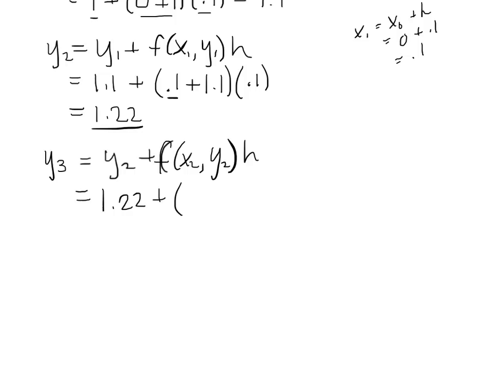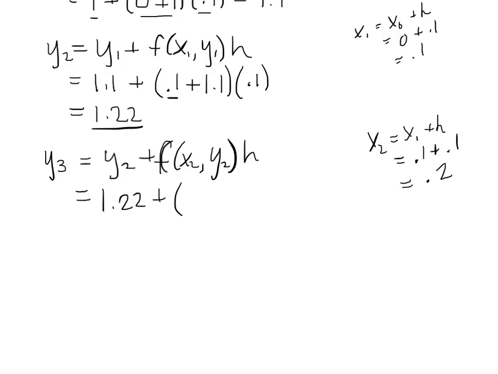Well, to find x2, I know that this is going to be equal to x sub 1 plus h, and x sub 1 was 0.1 plus my h value, which is 0.1. So my x sub 2 value is really equal to 0.2.